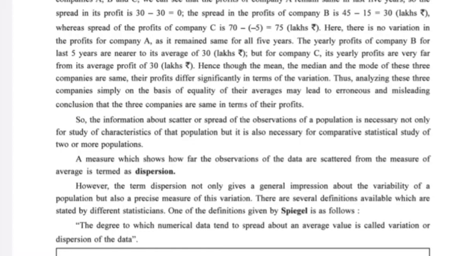That he scores 48, 46, 62, 44. How far these observations are from his average score, that is 50. That is what dispersion is all about. So it is a measure that shows that in a given data, how all the other observations are scattered from the average score. That is what dispersion is all about.